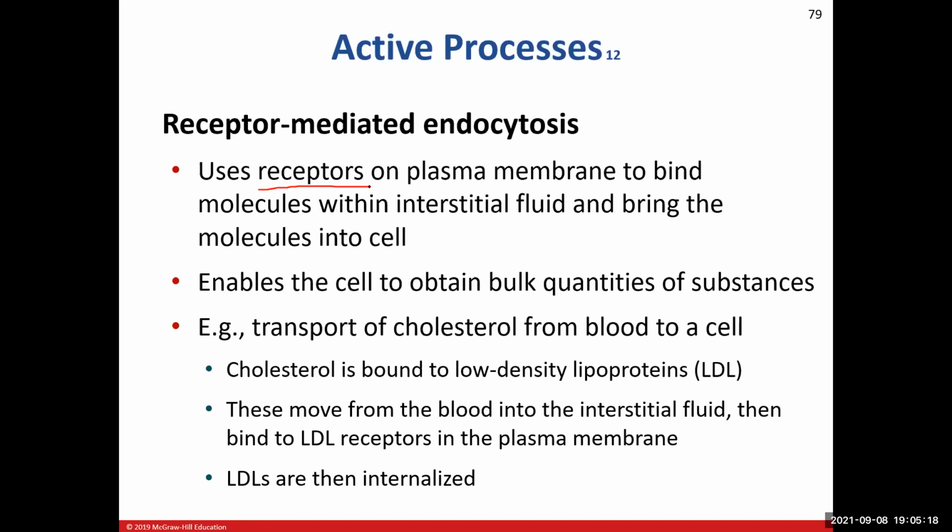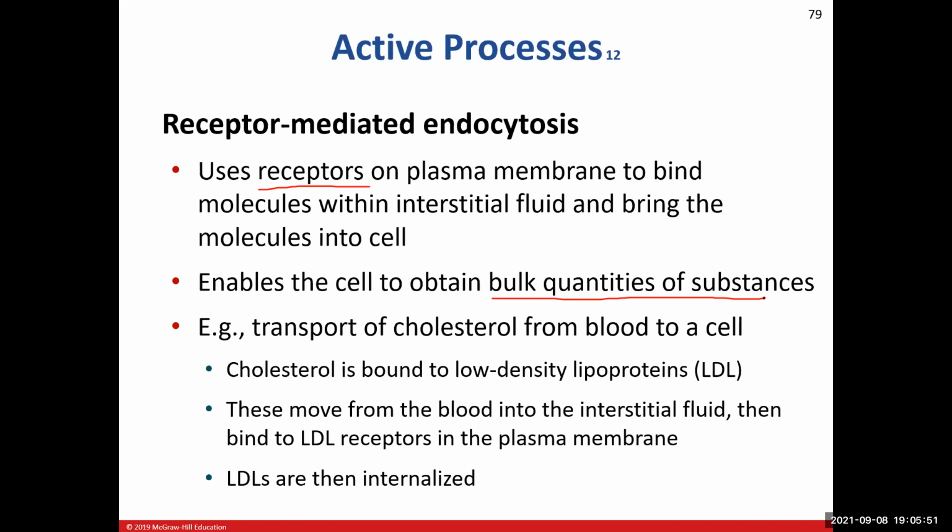Think of these receptors almost like trying to grab onto something specific that's floating by, and then once it does, it's going to pull it to the inside of the cell. This process is great because it allows the cell to obtain large quantities of whatever that substance is. And that substance is going to be specific, otherwise it won't bind onto the receptor. So we see that when we talk about cholesterol metabolism.